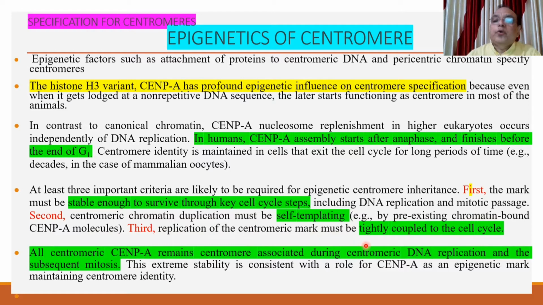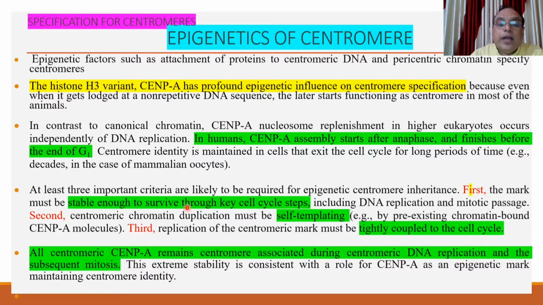Most of the proteins are synthesized during the S phase of the cell cycle, whereas CENPA is synthesized between anaphase and the end of the G1 phase of the cell cycle. All centromeric CENPA remains centromere associated during DNA replication and the subsequent mitosis.